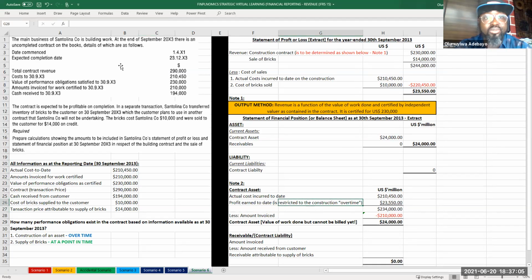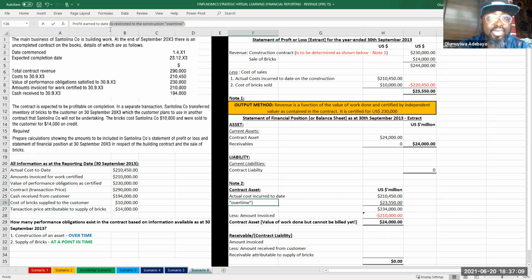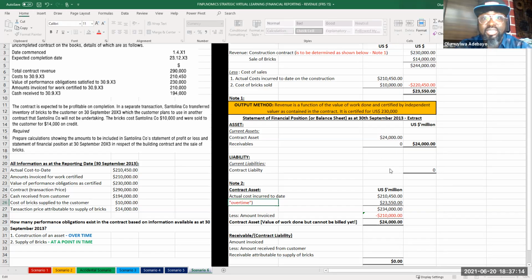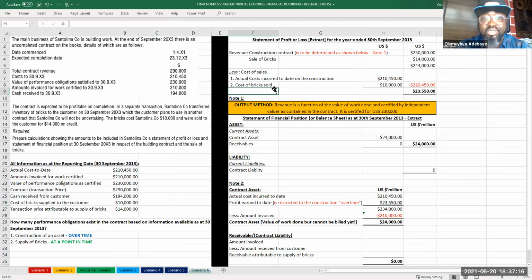Now, take notes. The profit to date with respect to construction is not the same thing as the profit that we have recognized here as gross profit. Why?